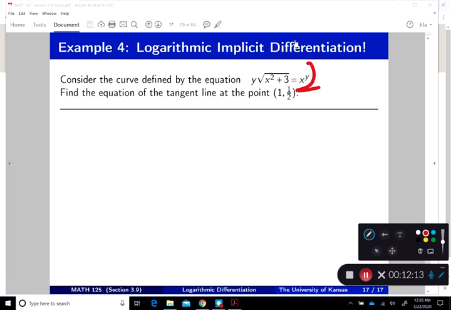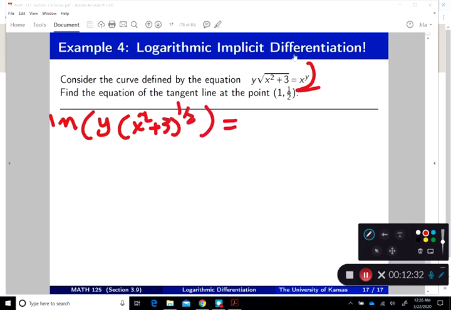So let's just start. I'm taking the natural log of both sides first. So it's y, and then I have x squared plus 3 to the power 1/2, natural log of that, and then the natural log of the other side is just y natural log of x.